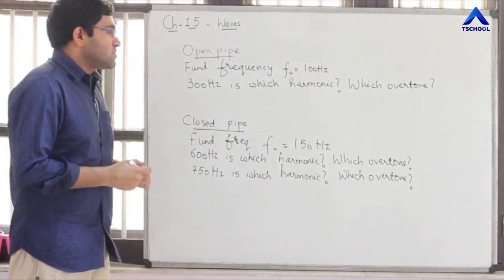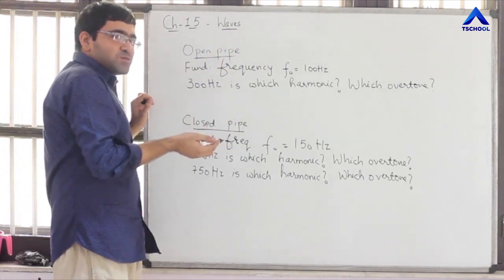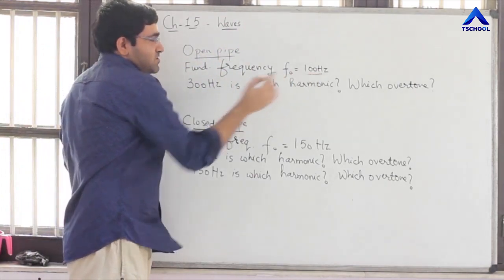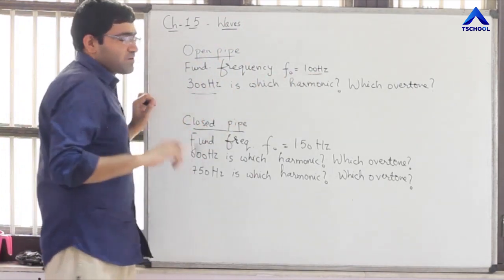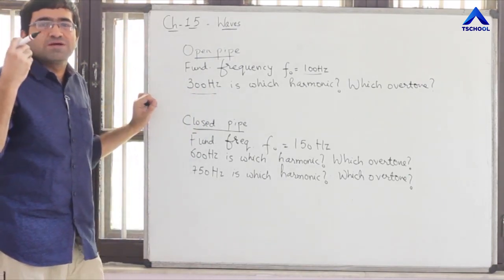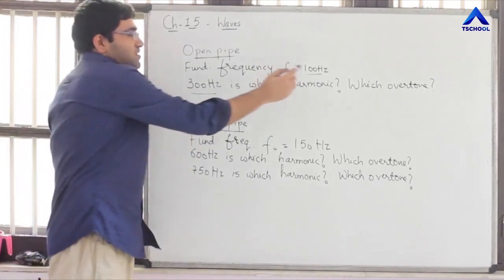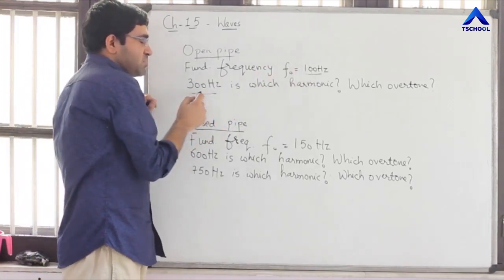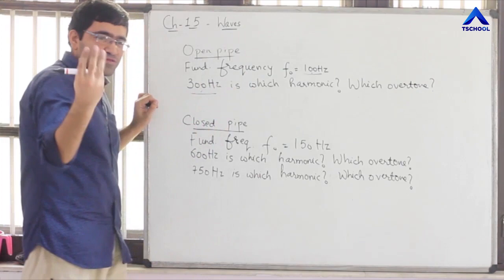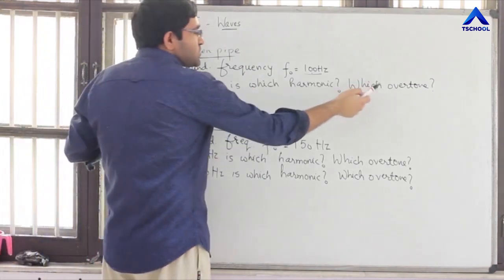Well, the way to analyze this situation is, well, there is 100 Hz, 300 hertz. Recall the definition of harmonic. It is the integral multiple of the fundamental frequency. 100 is the fundamental frequency. If you multiply it with 3, you are going to get 300 hertz, so it's the third harmonic. Now, which overtone?